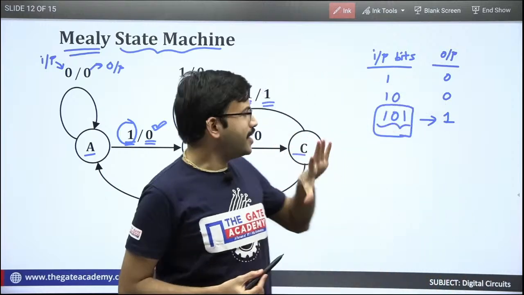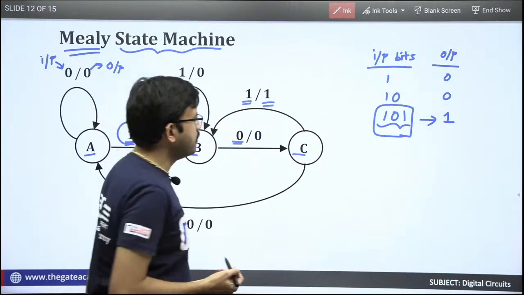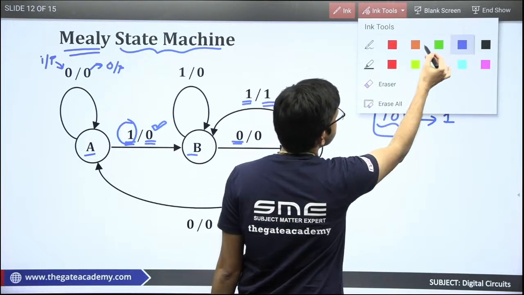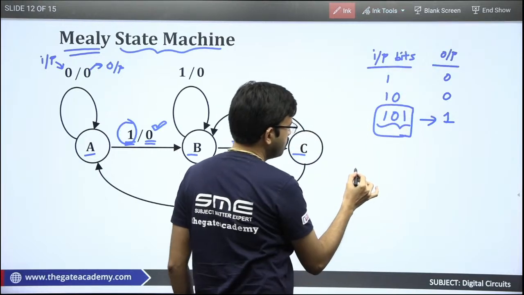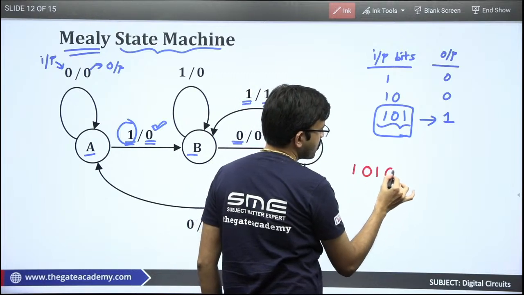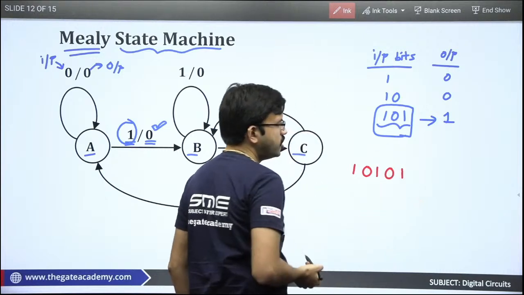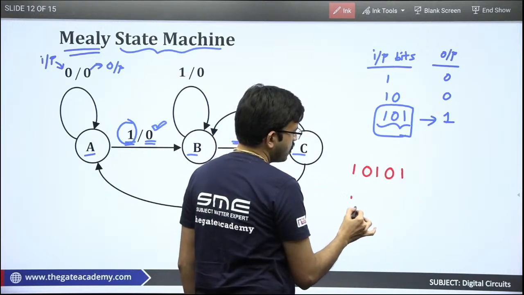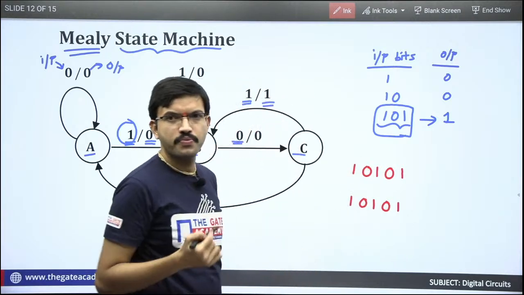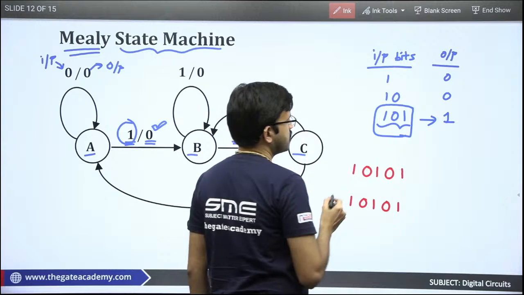Now regarding detection, say for example, I am giving like this 1 0 1 0 1. I am giving the same bits. Now there will be two possibilities.